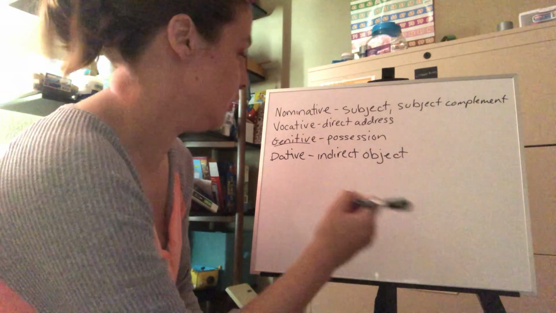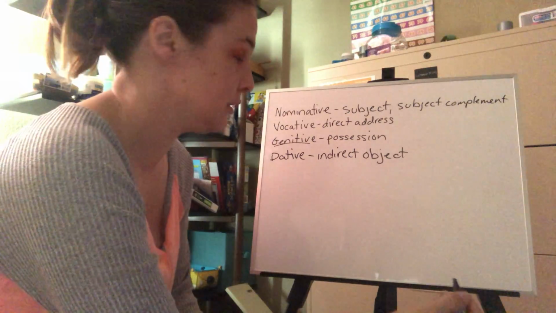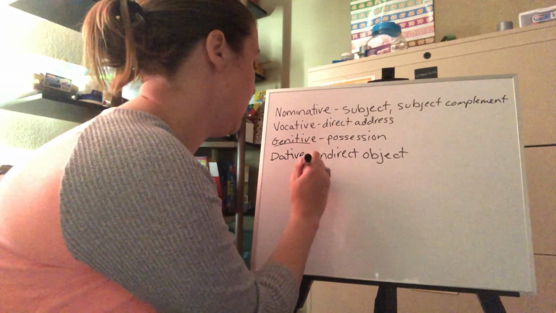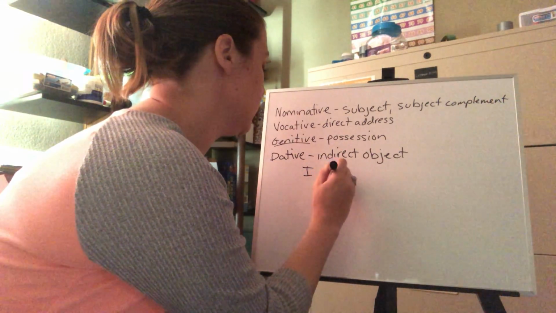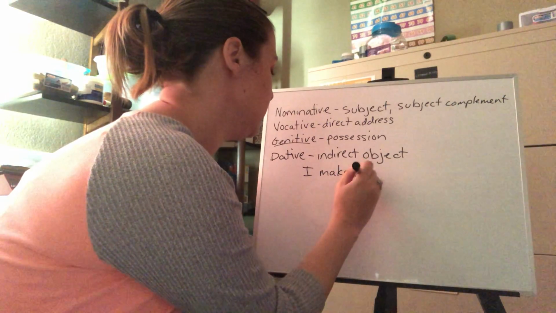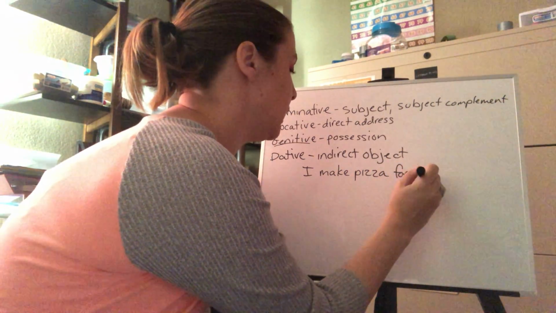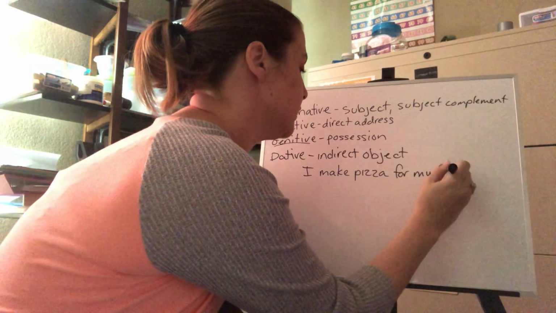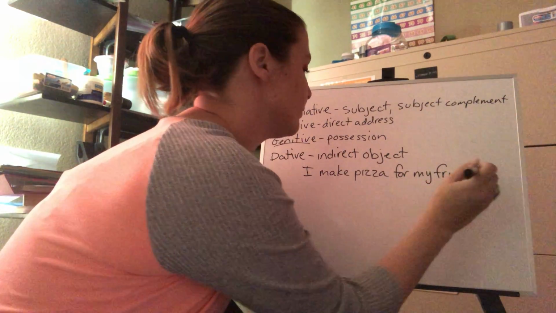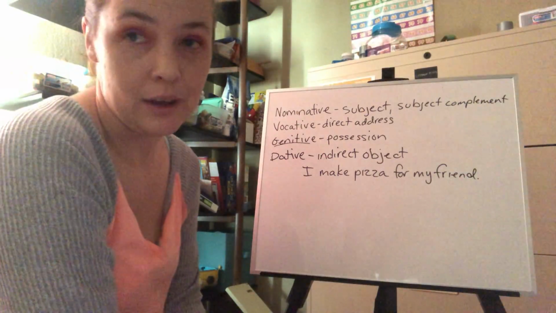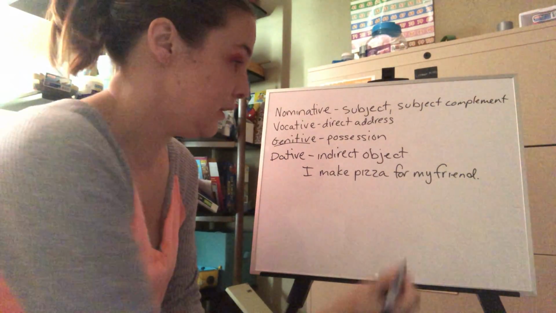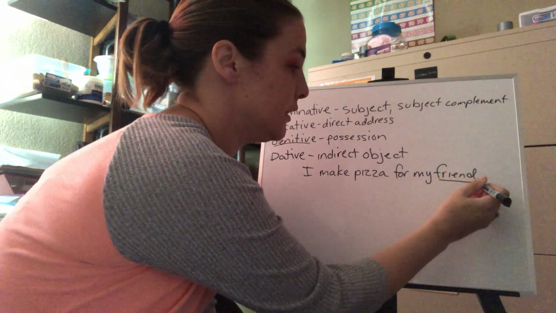But here's an example in English of an indirect object. Okay? I make pizza for my friend. Okay, now the indirect object in this is friend.